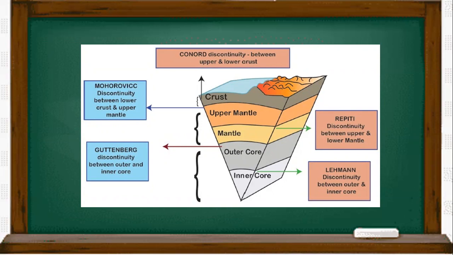The Repetti discontinuity is the interface between the upper and lower mantle. The Gutenberg discontinuity is the interface between the mantle and the outer core. And the Lehmann discontinuity is the interface between the outer and inner core.